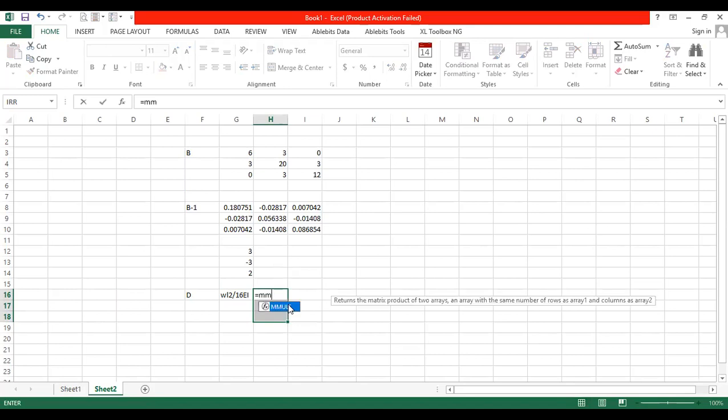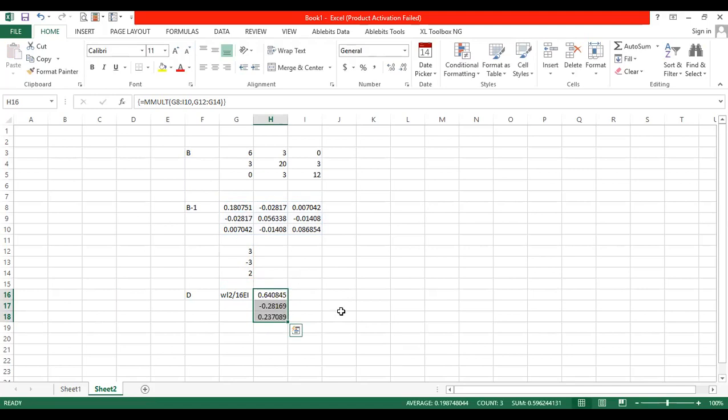Matrix multiply: this is my first matrix, comma, second matrix, control shift. So this should be multiplied, so I can write minus 64, 28, 23, 64, 28, 23.